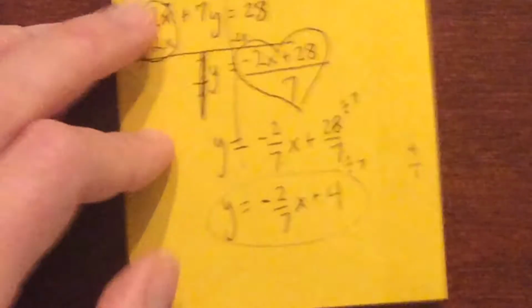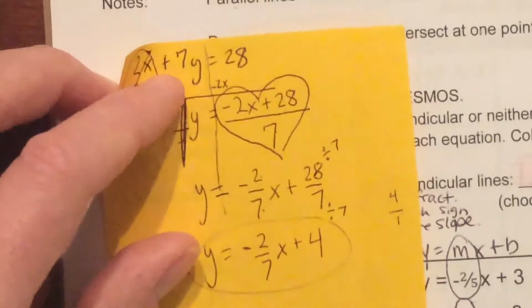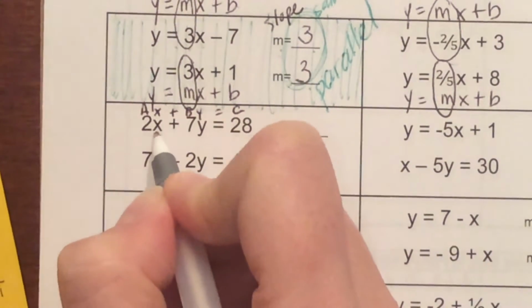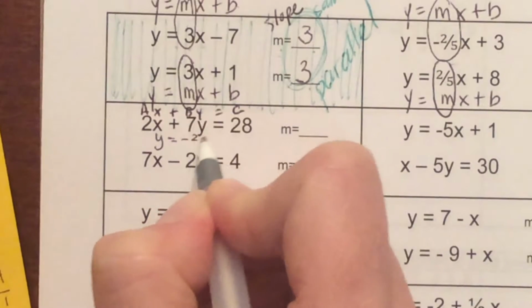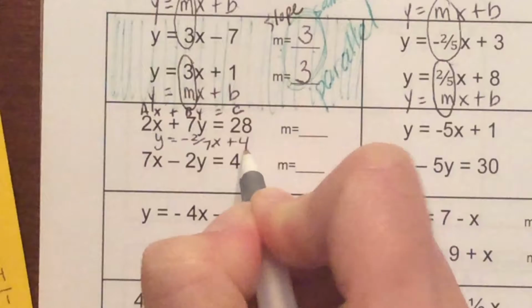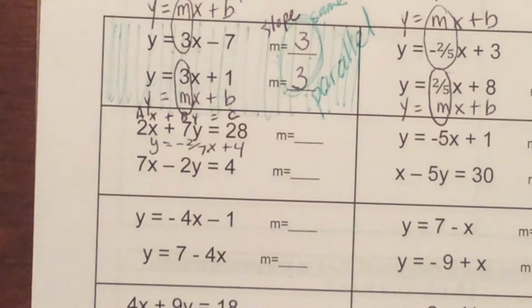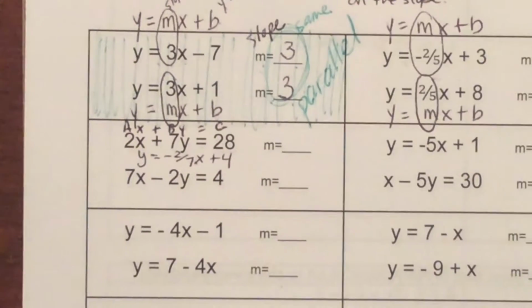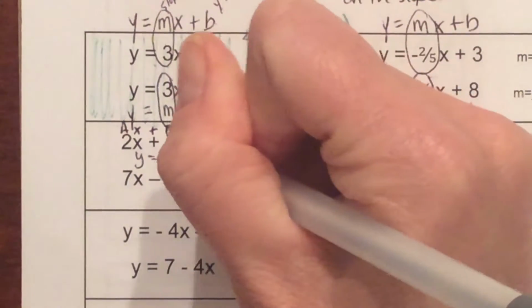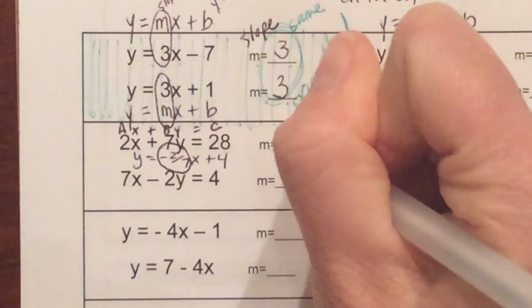So what I'm going to do now is on my sheet of paper underneath that, I'm going to write the answer that I got, which was y equals negative 2/7x plus 4, just so I can have that there. So now it's in the form of y equals mx plus b. Who's in the m spot? Negative 2/7.